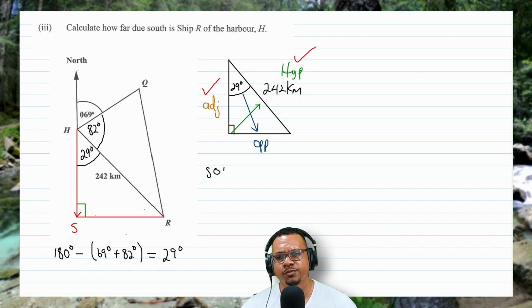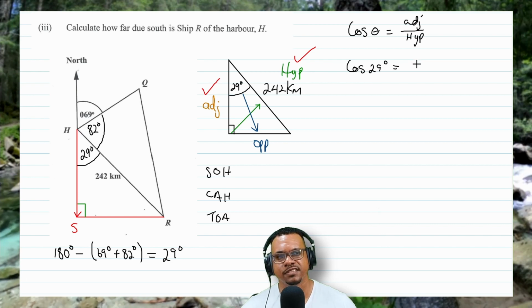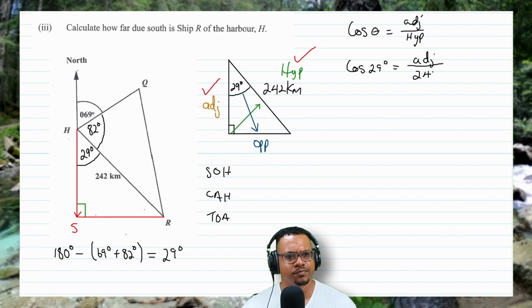So I'll say SOH CAH TOA, and I'll see which trig ratio has both adjacent and hypotenuse. That'll be CAH, so using cosine. I'm writing cosine of my angle is the adjacent over the hypotenuse. So cosine 29 degrees, because that's my angle that's given, is equal to my adjacent, which is the side that we want to find, over the hypotenuse, which is 242.